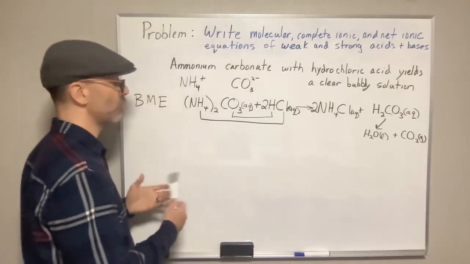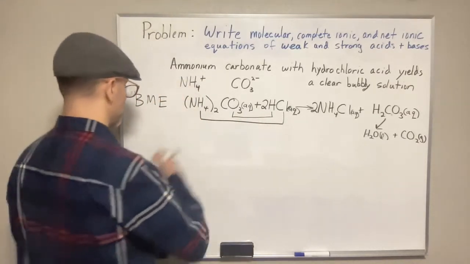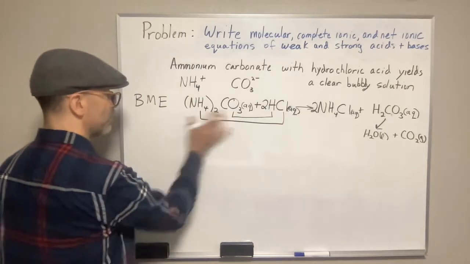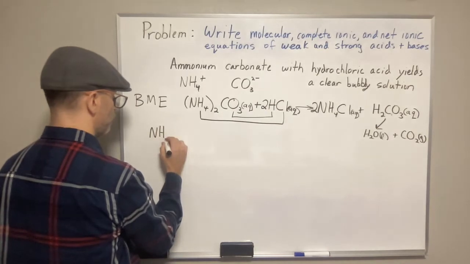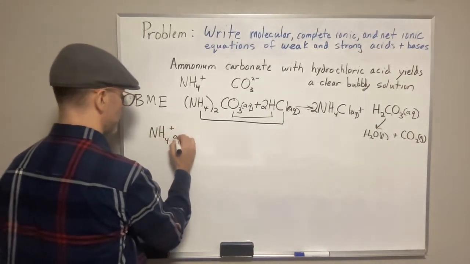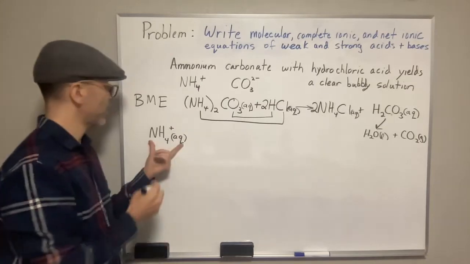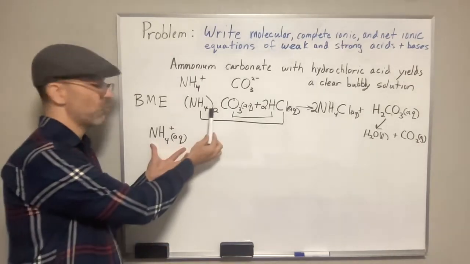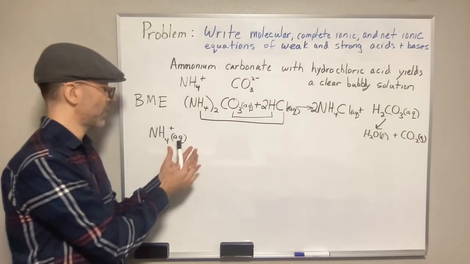And so now that we can write our complete ionic reaction here, we're going to separate these into ions. So we have NH4 plus, and that's going to be aqueous. So again, notice that when I'm writing the ions separately, I am putting the charge in the aqueous.